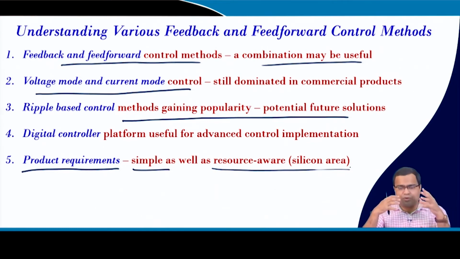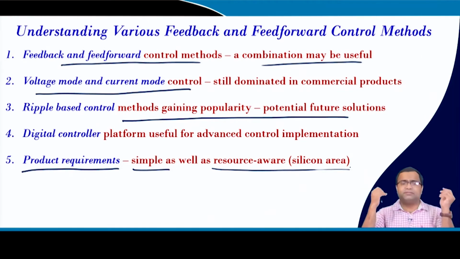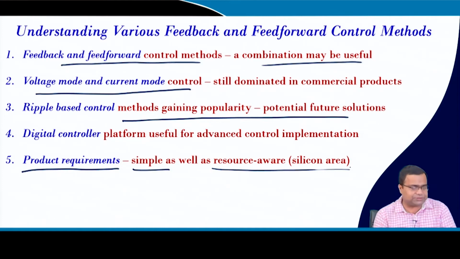With this trend of high frequency and high power density, we have to think about the PCB area, because the size, volume and weight of the power supply has to be reduced. And in terms of ICs, which we will see more and more in future, the silicon area also matters, so you need to reduce it. So, the algorithm has to be simple and resource aware.